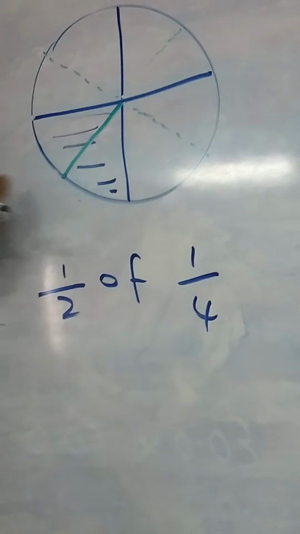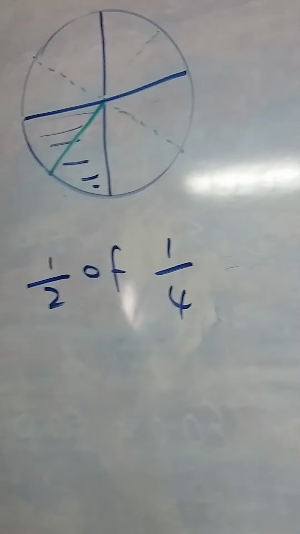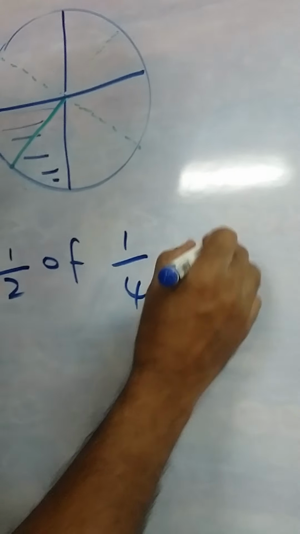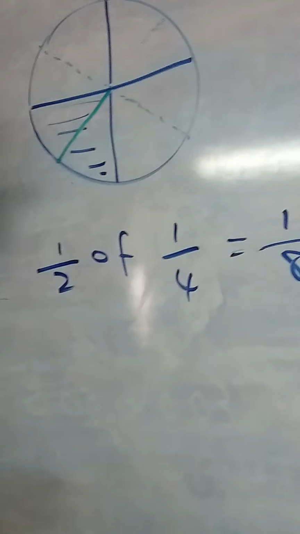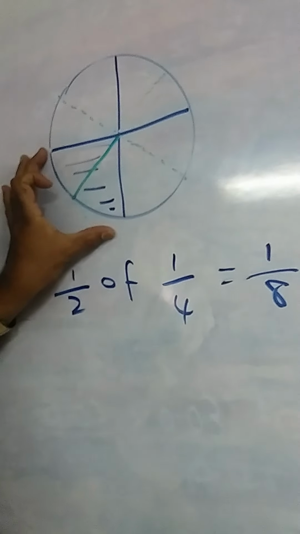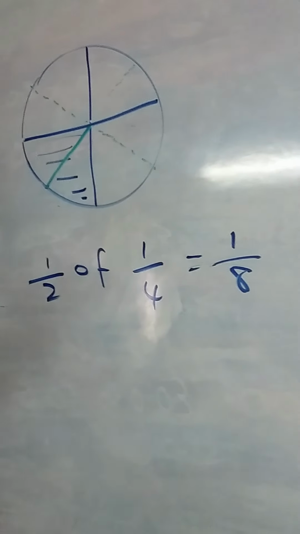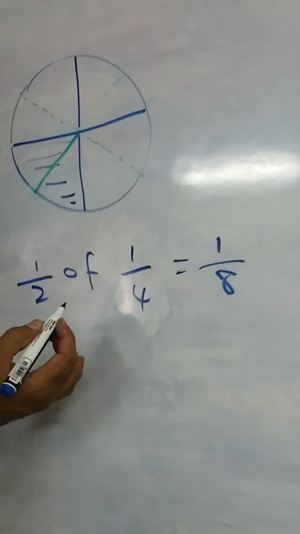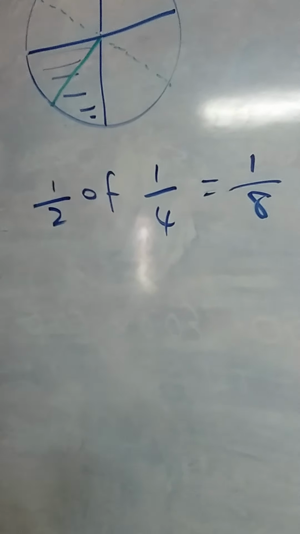We can say that a half of a quarter is really 1/8. Do you see that? That this piece here, which is a half of this quarter, is really 1/8 of the whole amount.